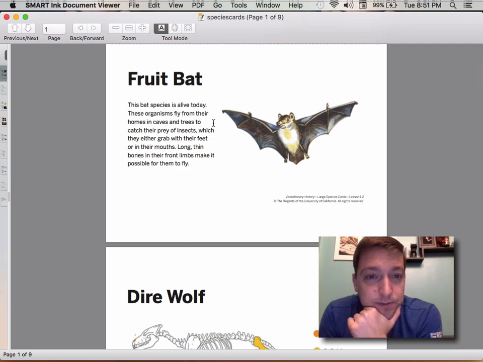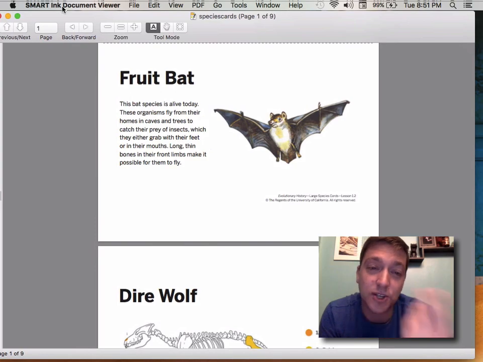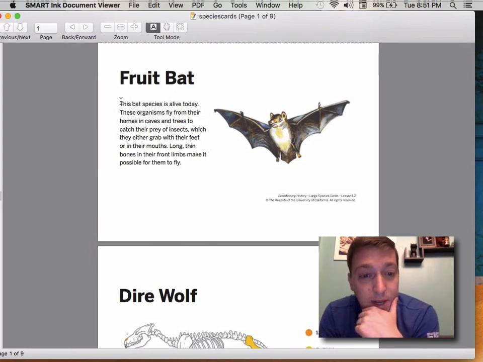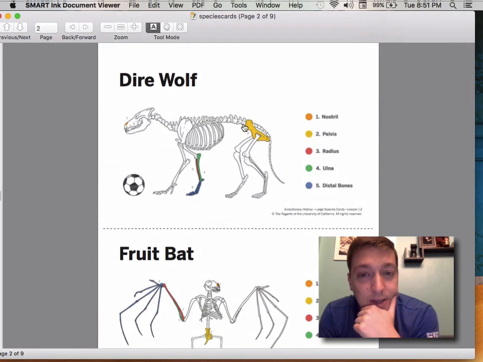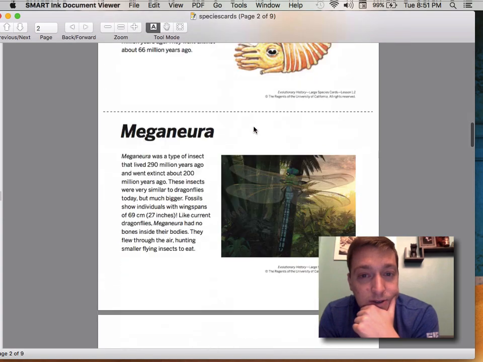Fruit bat. So they use these distal finger bones to fly. That's kind of like their job in their environment, or their niche in their environment. You can see the structures here too.